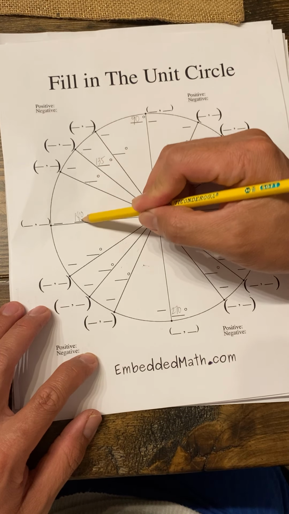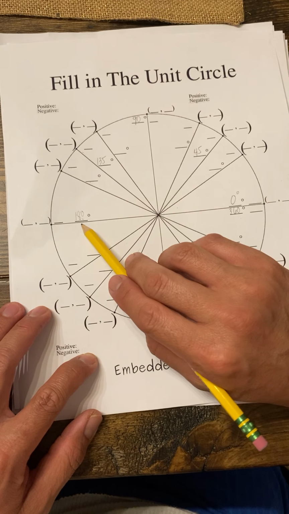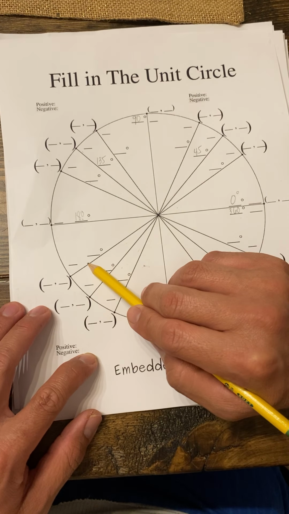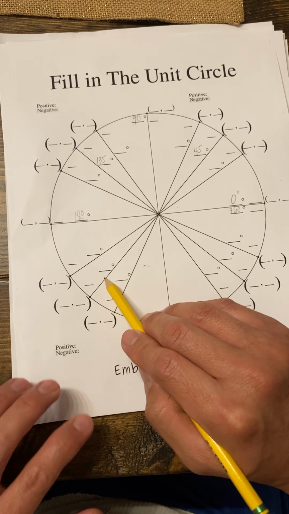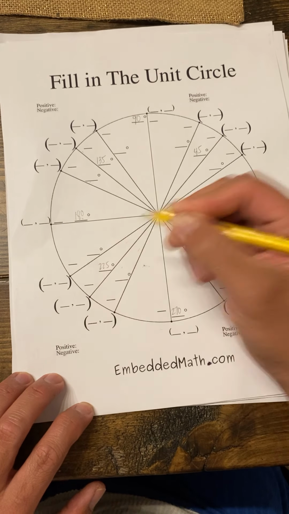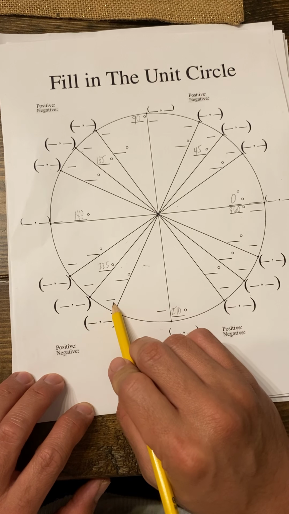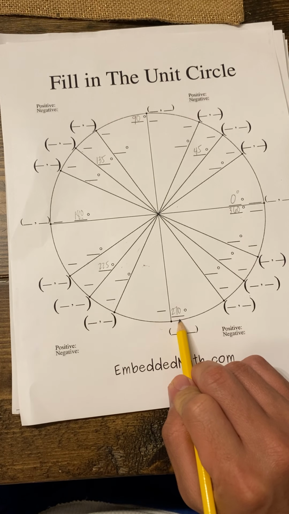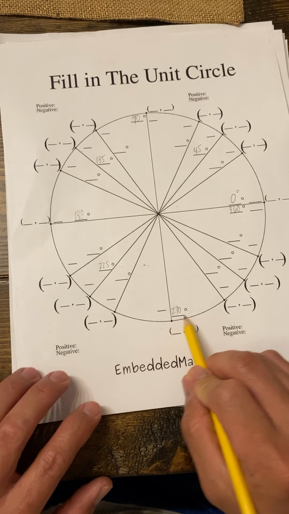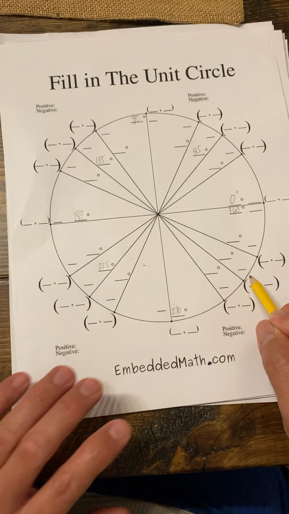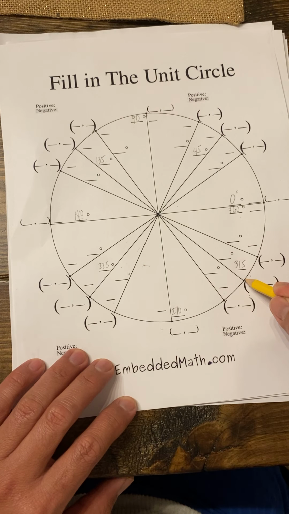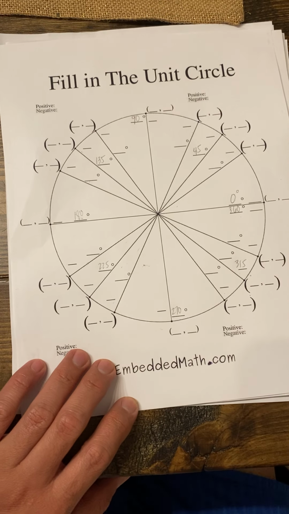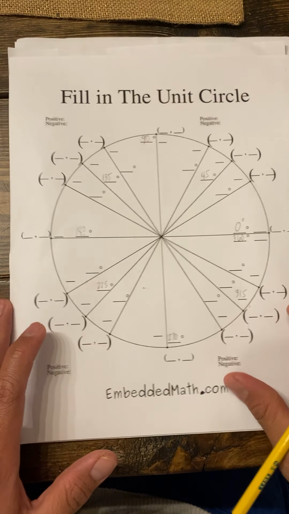Add 45 to 135 and it will be 180. 180 plus 45 is 225. Add 45 to get 270, and 270 plus 45 gives 315 degrees. When you add 45 to 315, it will be 360. All right, that's the first one.